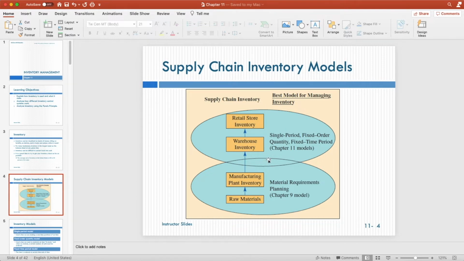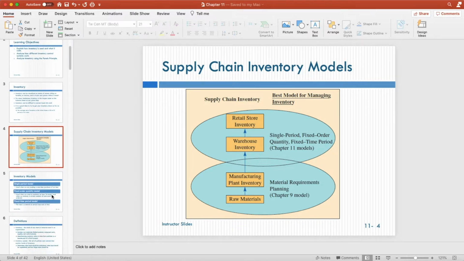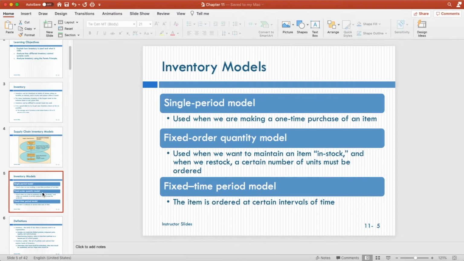Here, we are mainly dealing with the retail store inventory and warehouse inventory. Let's make it clear before we start today's main models. So let's move to the inventory models.